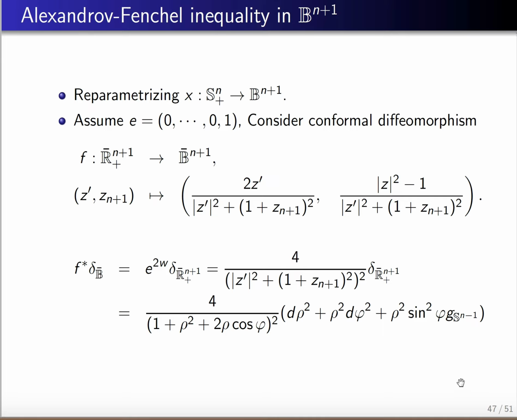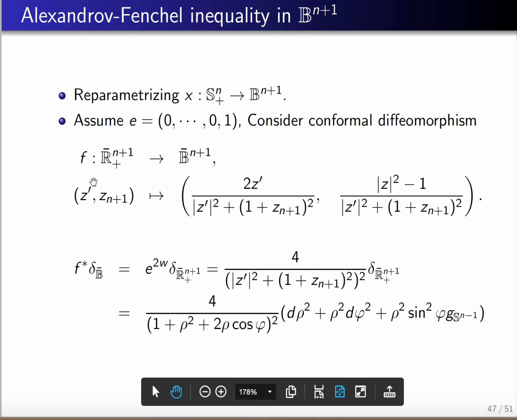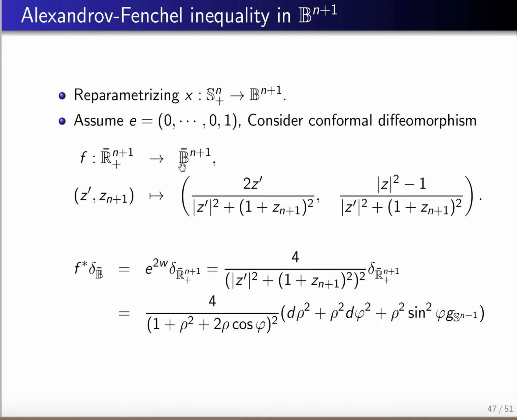So then we can reparametrize this flow from the hemisphere. We consider the conformal diffeomorphism from the half space to the unit ball. This is the standard conformal diffeomorphism, and then you get that f star of the Euclidean metric is conformal to the Euclidean metric by this conformal factor.